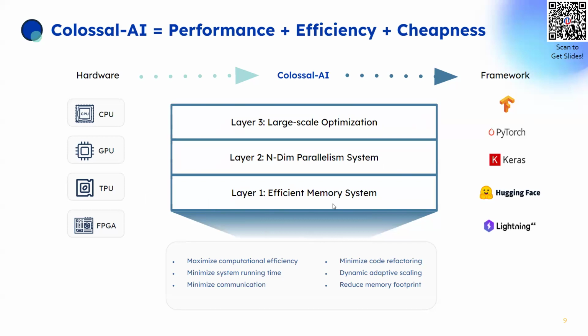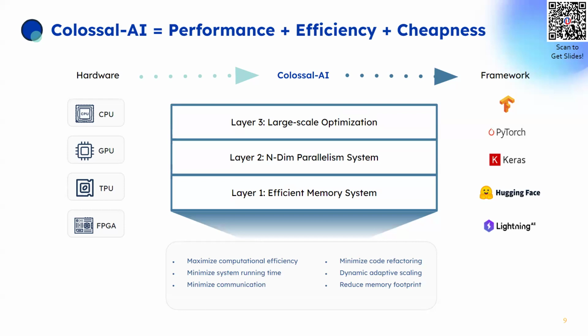I hope you still remember the quiz: computing the memory cost for training an AI model, such as GPT-3, with roughly 200 billion parameters.